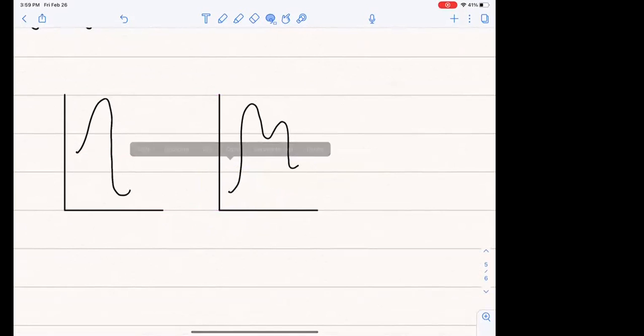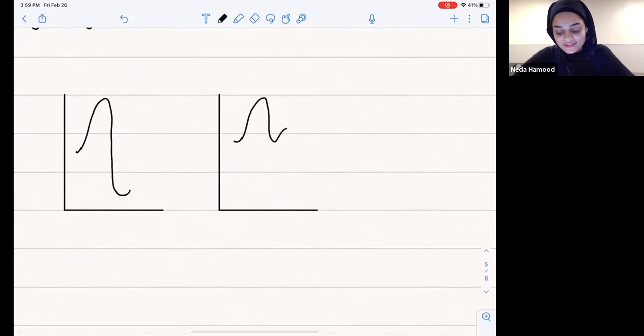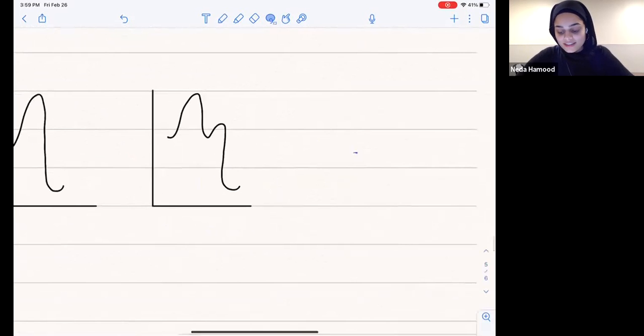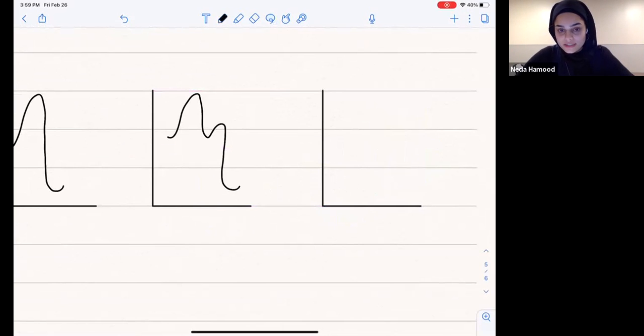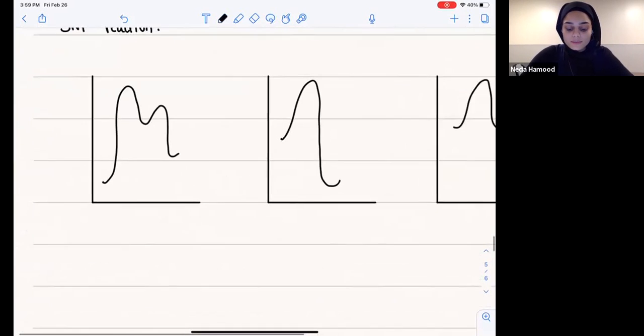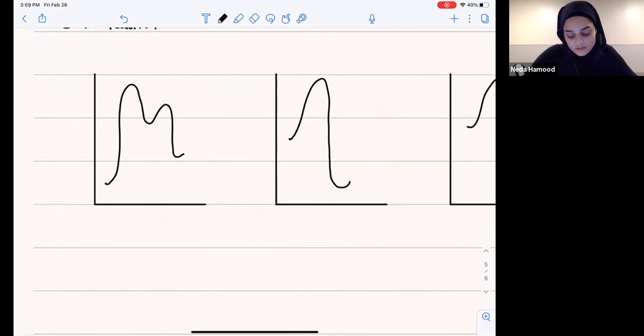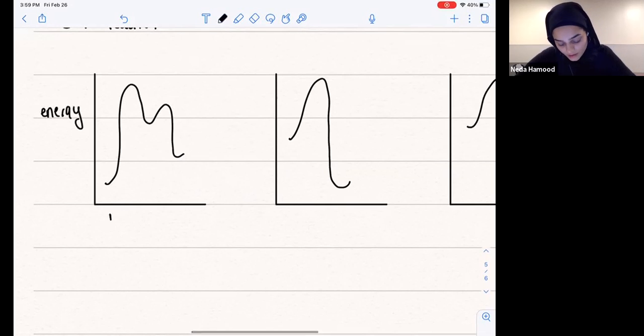It is exothermic, reactants more stable than products. Over here, we have this. Interesting, that looks pretty tempting. And then we have this last one here. So let's break down each one of these, with energy on the Y axis and reaction coordinate on the X axis.